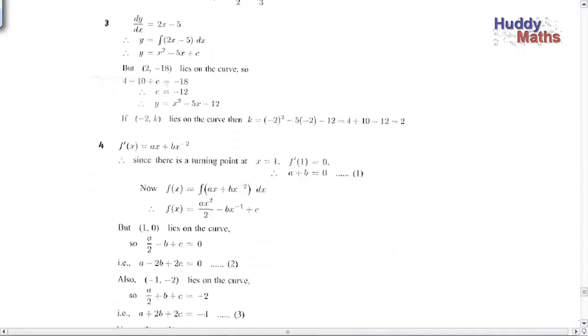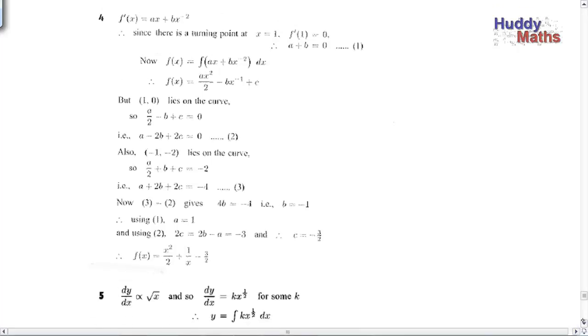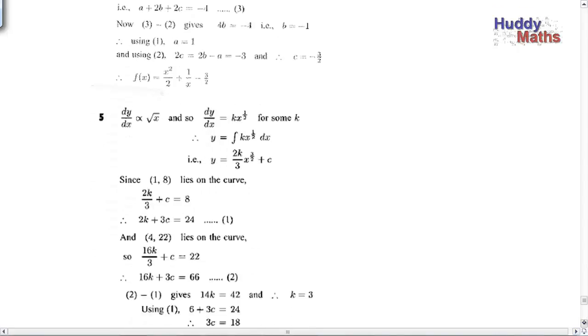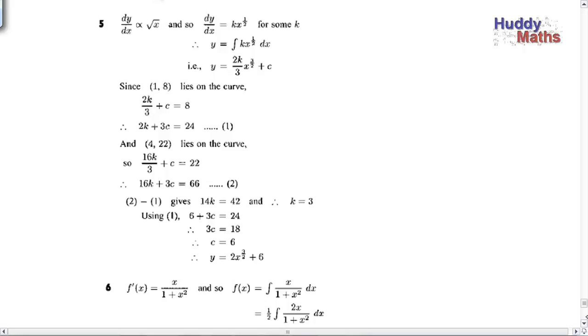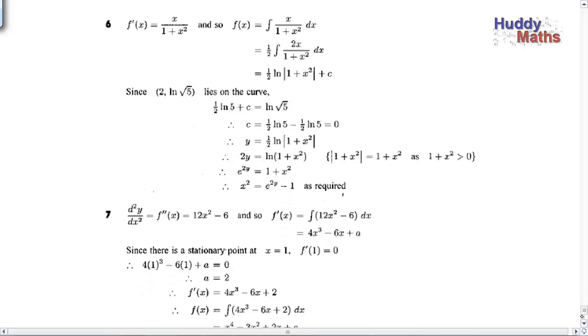We'll go 3 and part of 4. All of 4 there now. And 5. Six.